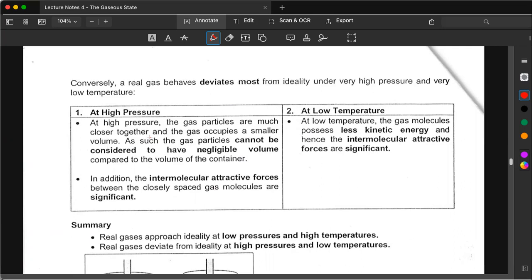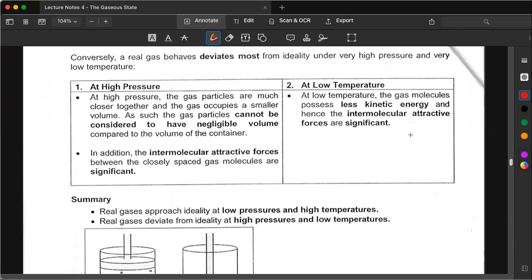And the gas particles cannot be considered to have negligible volume compared to the volume of the container. In addition, because they are closely packed due to high pressure, the intermolecular attractive forces are significant. While at low temperature, the gas molecules have less kinetic energy and the intermolecular attractive force becomes significant.